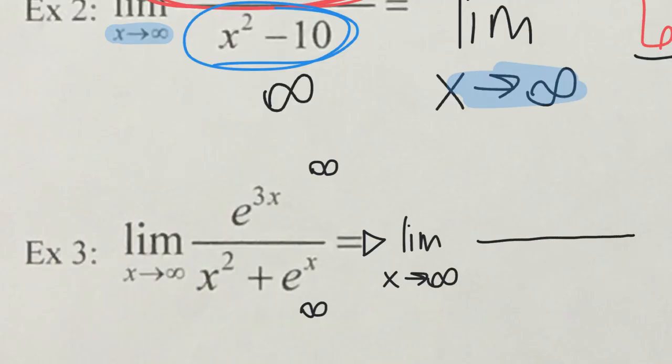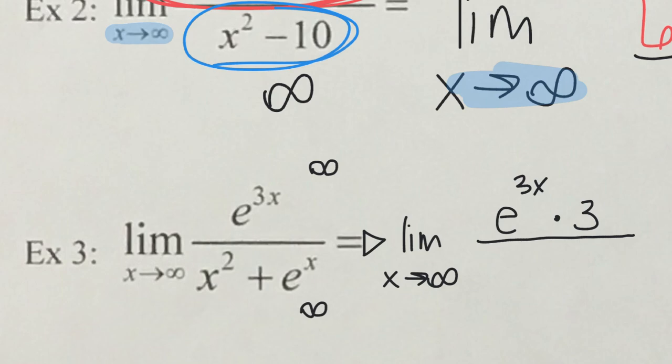Okay, and e, what's e to the 3x's derivative? E to the 3x times 3, right? So our e derivative is itself times the derivative of your power. Okay, so this is e to the 3x times 3.